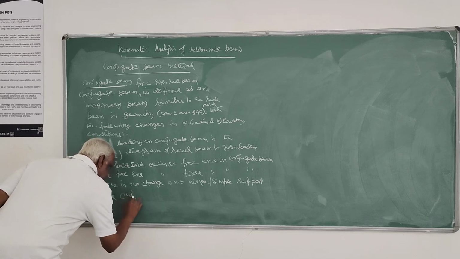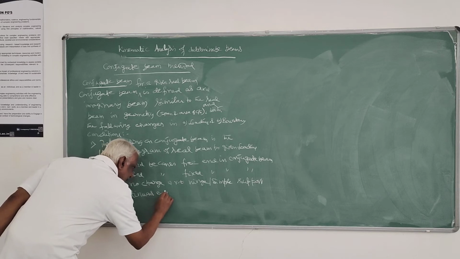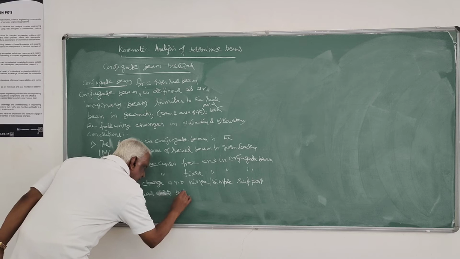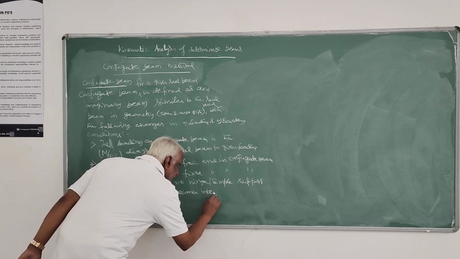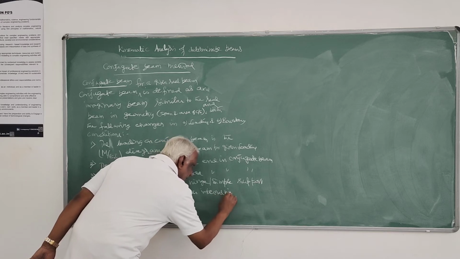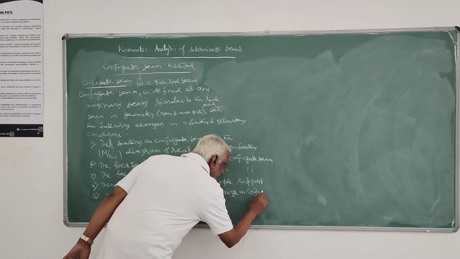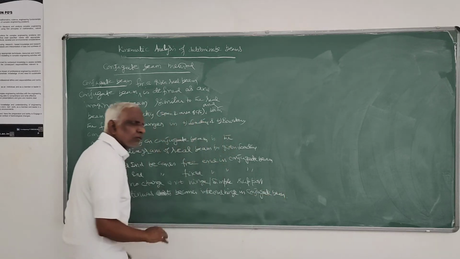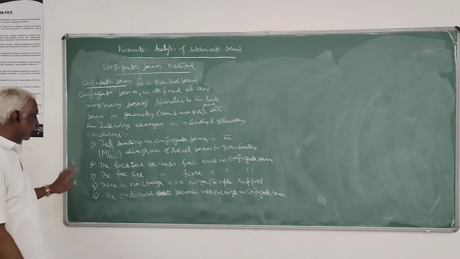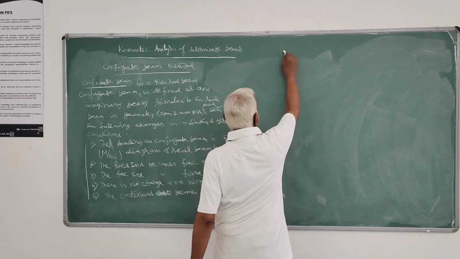The continuous ends or joints become an internal hinge in the conjugate beam, or vice versa. An internal hinge becomes continuous. So this you can remember.